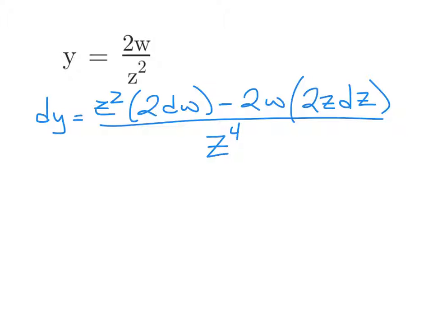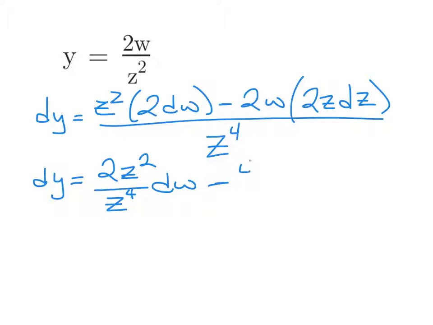If we want to clean this up a little bit, I'd probably break it into a couple different fractions. The first one would be 2z squared over z to the 4th, and that's our dw. The next term would be 4wz over z to the 4th, and that's my dz term.